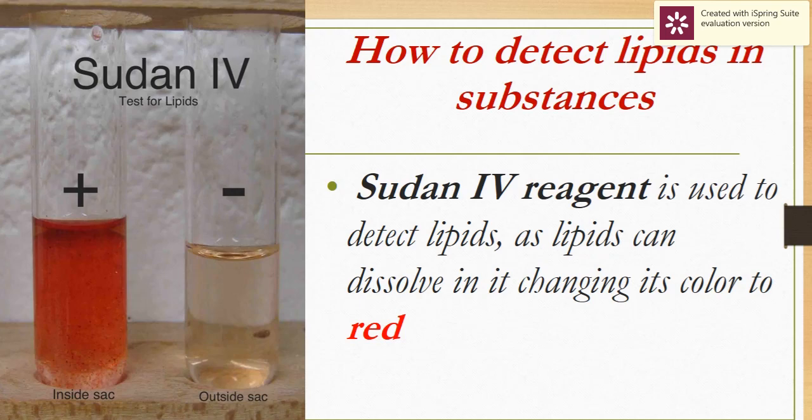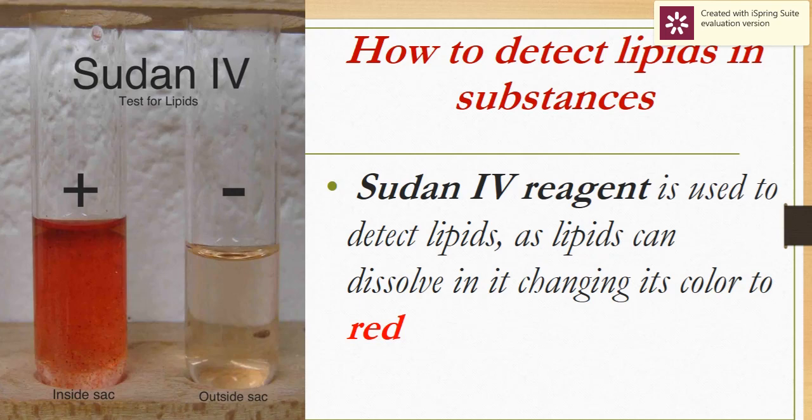It is used to detect fat in different foods like oil, milk, peanuts, and butter, because the stain is soluble in fats, where it turns red in the presence of fats and lipids.